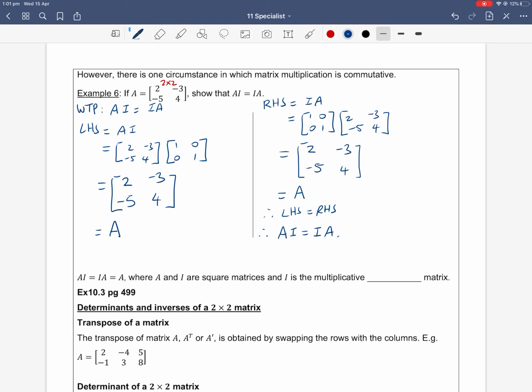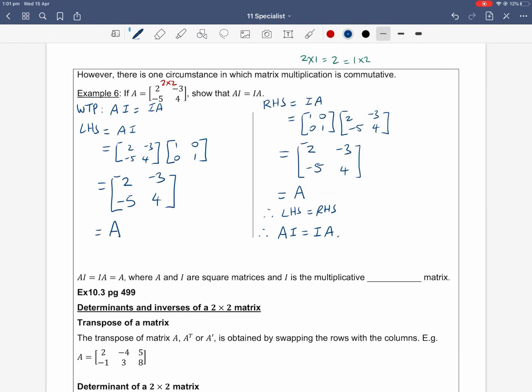Okay, so remember, the identity matrix is kind of like the number 1, right? If you think about it, 2 times 1 is 2, and the same is 1 times 2. So the identity is kind of like the 1 in our number system, where anything times the identity gives the matrix itself back.